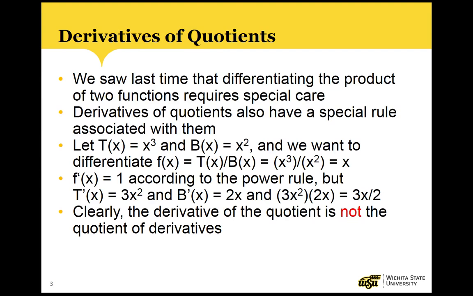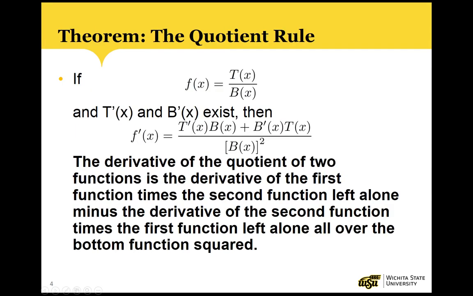The derivative f prime is equal to 1, according to the power rule, but we see that the derivative of the top function is 3x squared, and the derivative of the bottom function is 2x, and if we take the quotient of those two functions, we get 3x divided by 2. Clearly, the derivative of the quotient is not the quotient of derivatives. It follows the quotient rule.